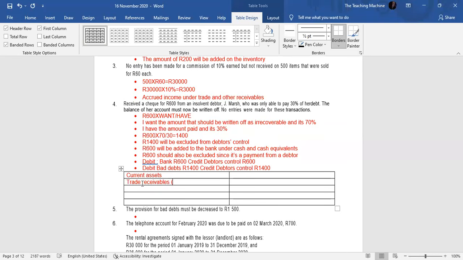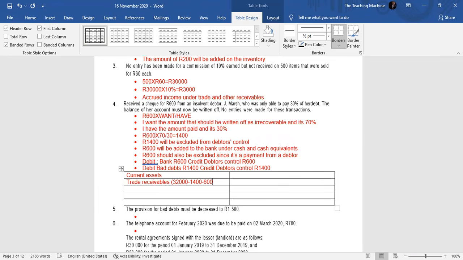Under trade receivables, how much are we given as debtors control? We are given 32,000 from the information. Now, we should exclude the 1,400 since we're not going to receive it. We should also exclude the 600 since we have received this amount.